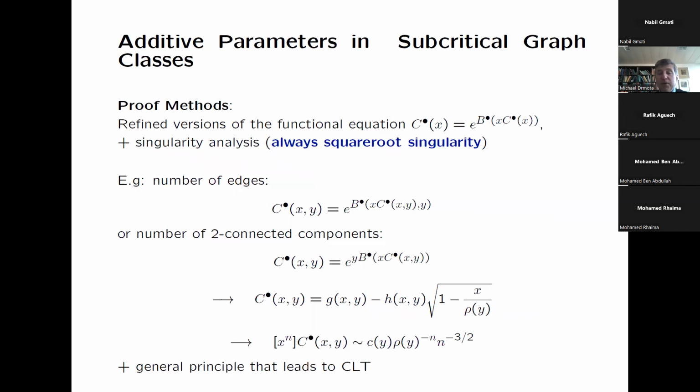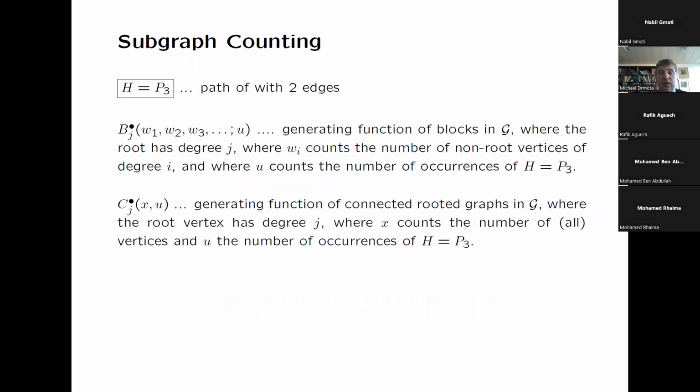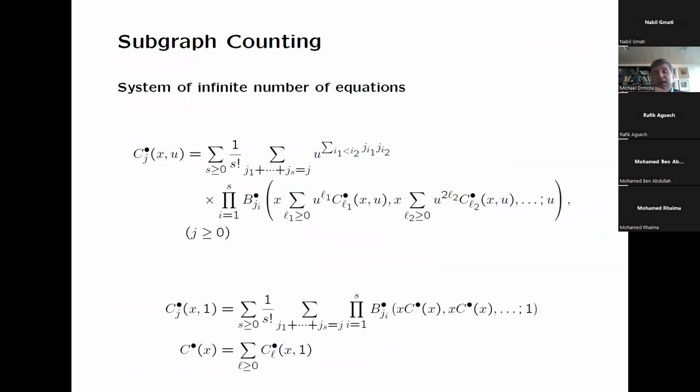The problem if we count subgraphs is that a subgraph can be in two different blocks, and if it's in two different blocks, then we have many different situations that have to be considered.